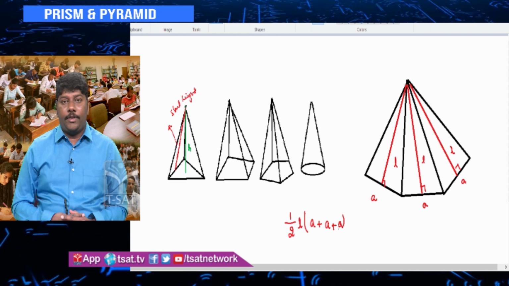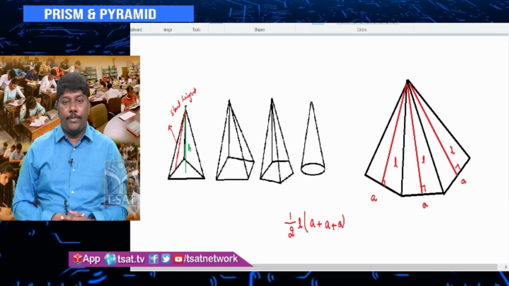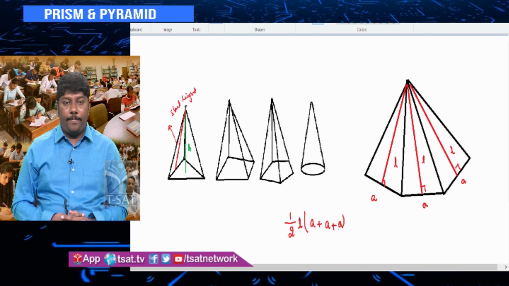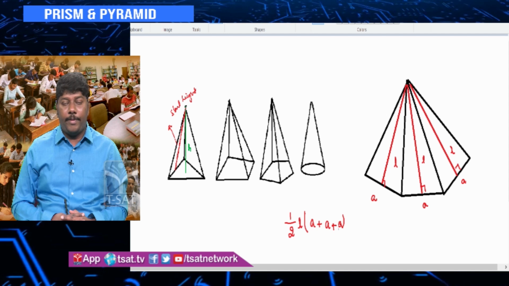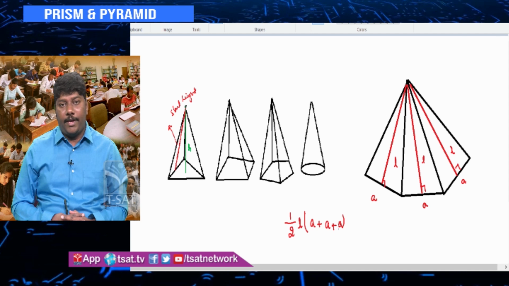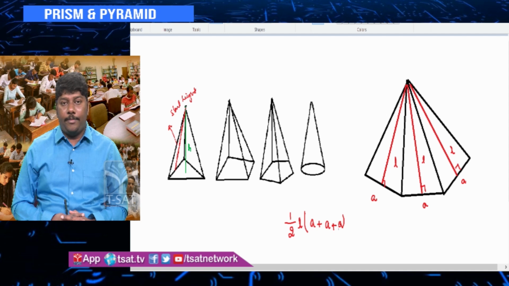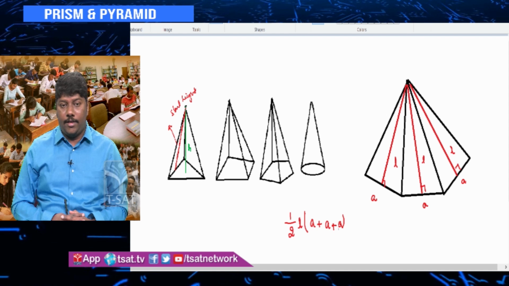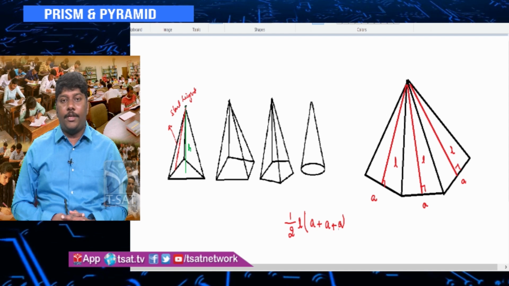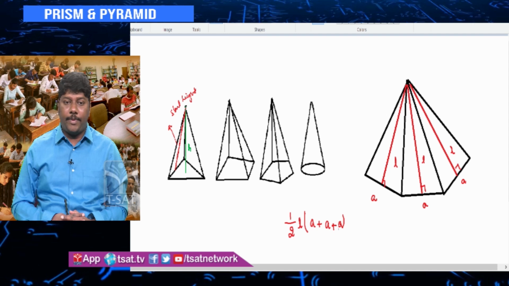If it is a circle, then you have to add the circumference of the circle. Therefore, the lateral surface area of a pyramid is equal to half into slant height into perimeter of the base. So, whatever the base is, you have to take the perimeter of the base in order to get the lateral surface area. So, the lateral surface area of the pyramid is half into slant height into base perimeter.